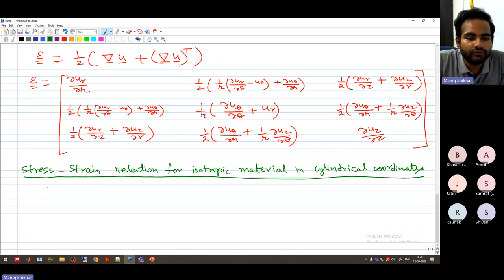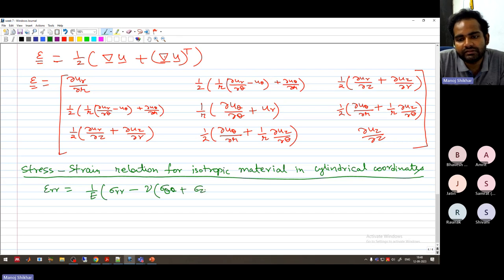So if we want to write epsilon RR, we will write it as 1 by E sigma RR minus nu times sigma theta theta plus sigma ZZ.